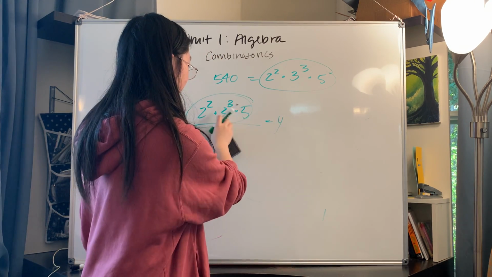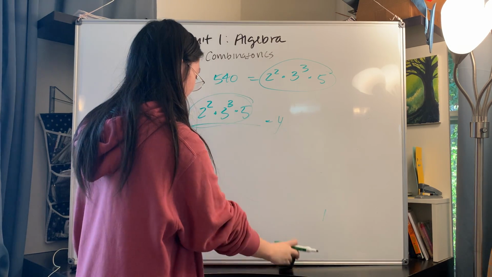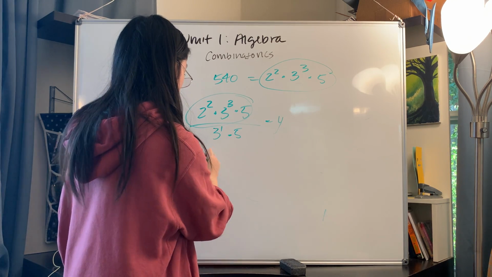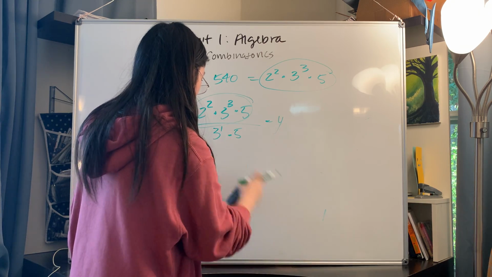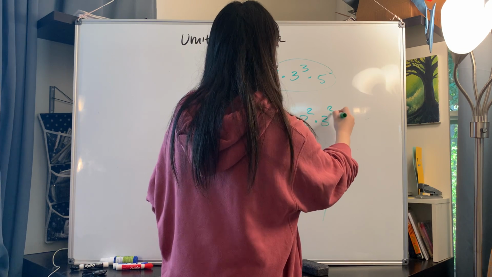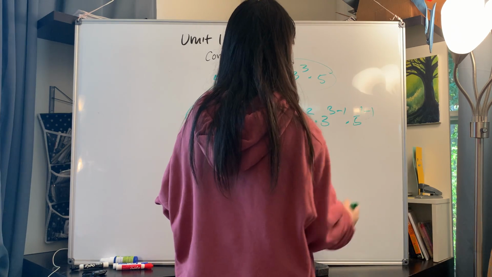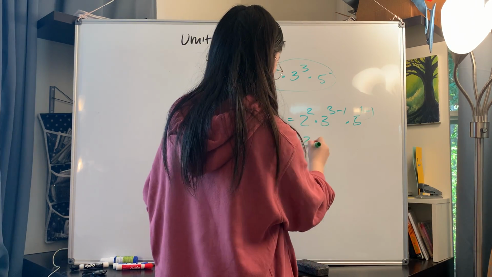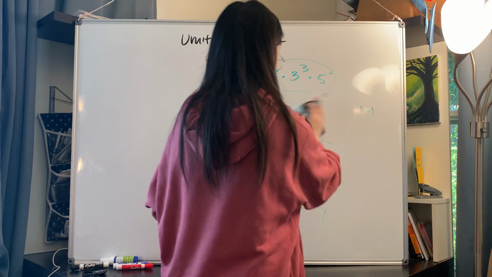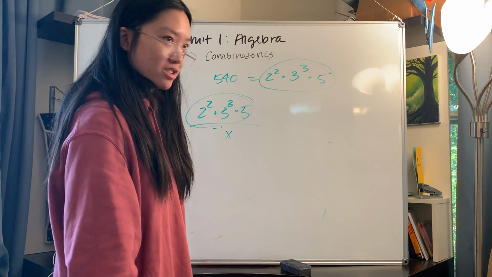But if you had a number like 15, and you try to divide by 15, well, 15 is equal to 3 times 5. So what you can do is just say y is equal to 2 squared times 3 to the third minus 1 times 5 to the first minus 1. So it's equal to 2 squared times 3 squared. So in order for 540 to be divisible by x, x has to be one of its factors.